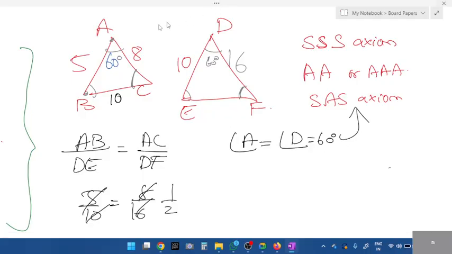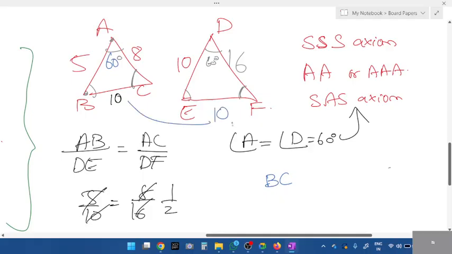Tell me the third side. Which is the third side? For both the triangles, which is the third side we didn't write? BC and EF. They will not be equal, it is not 10. Don't assume like this. If this is 10, this is 10. If they are similar, they are proportion, which means BC divided by EF. What is the proportion value?